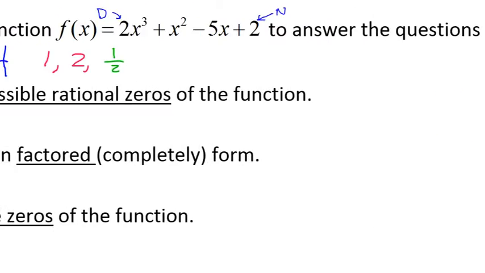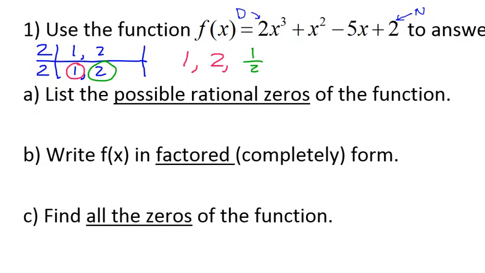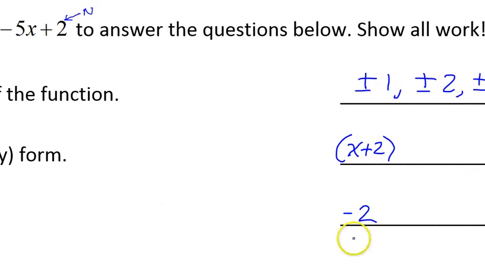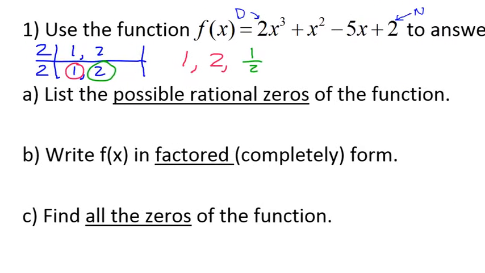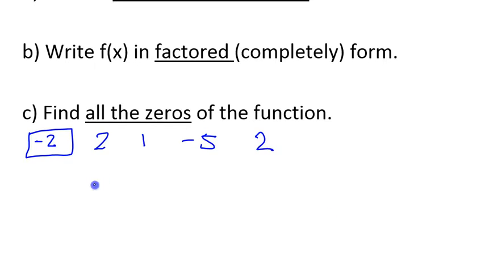To find more, I'm going to do synthetic division, using my 0 of negative 2. So here's my negative 2 and the coefficients: 2, 1, negative 5, and 2.